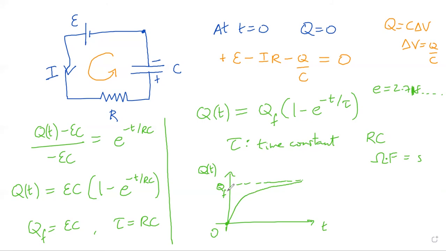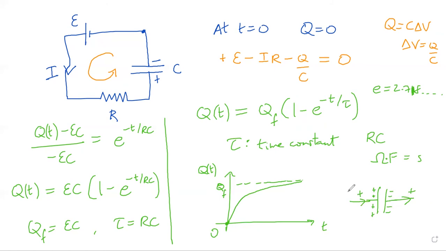However, as more and more charge accumulates on the capacitor, it becomes harder to add further charge. This makes sense because think about what we're doing. When you have a capacitor with some charge on it, you have some positive charges on one side and some negative charges on the other. To increase its charge even further, you would need to bring in another positive here and extract a positive here, leaving another negative on this plate.